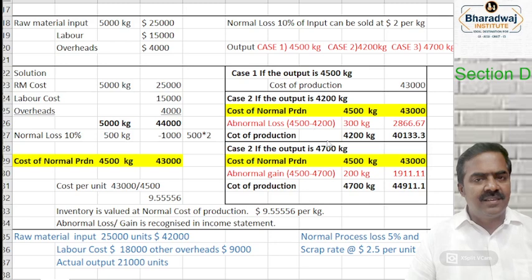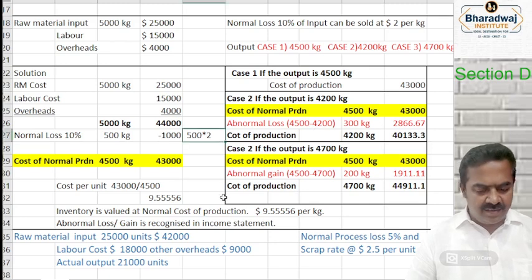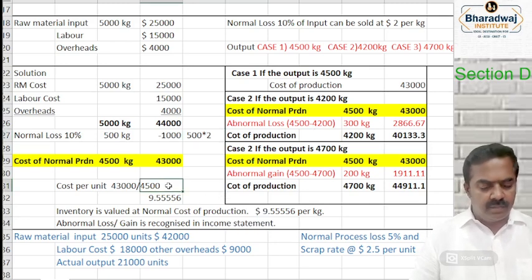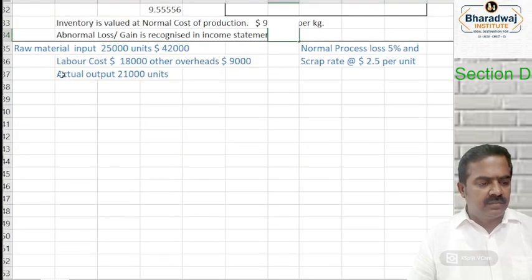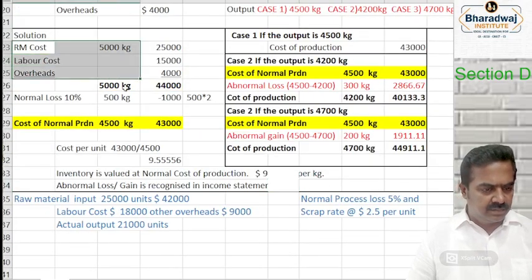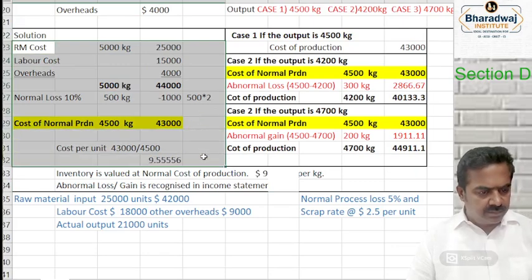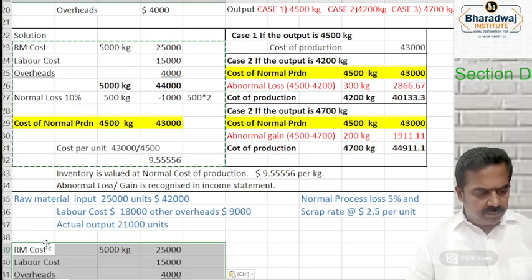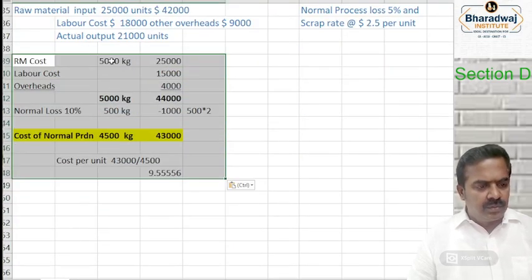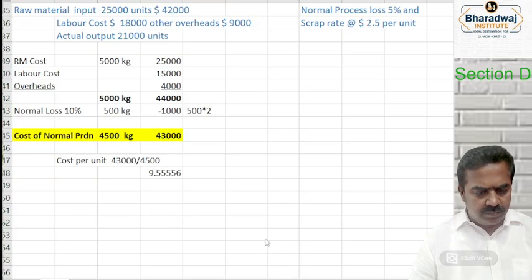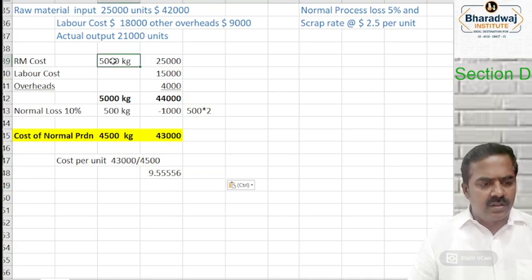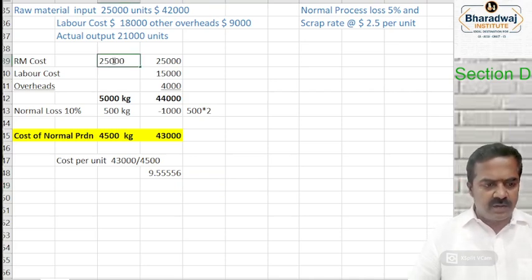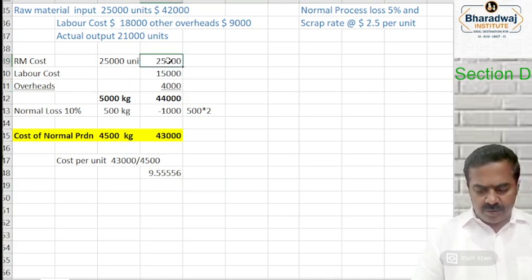Have you tried it? What is the raw material cost? For 25,000 units, 42,000.